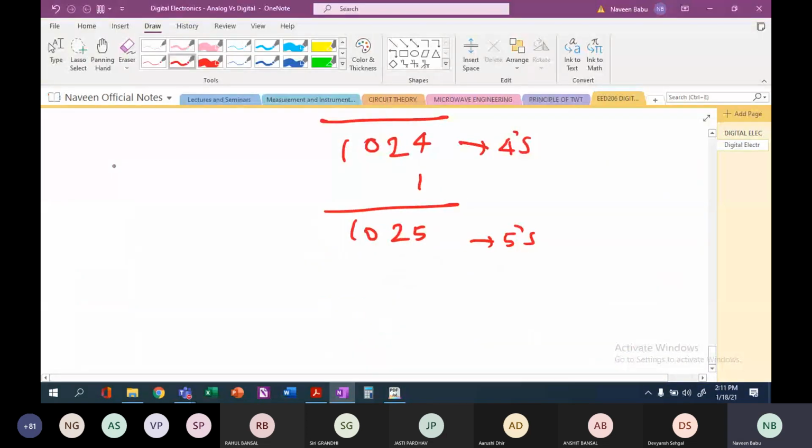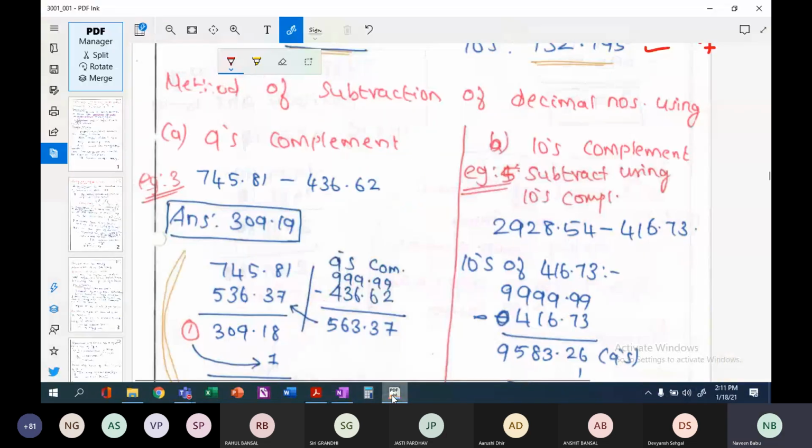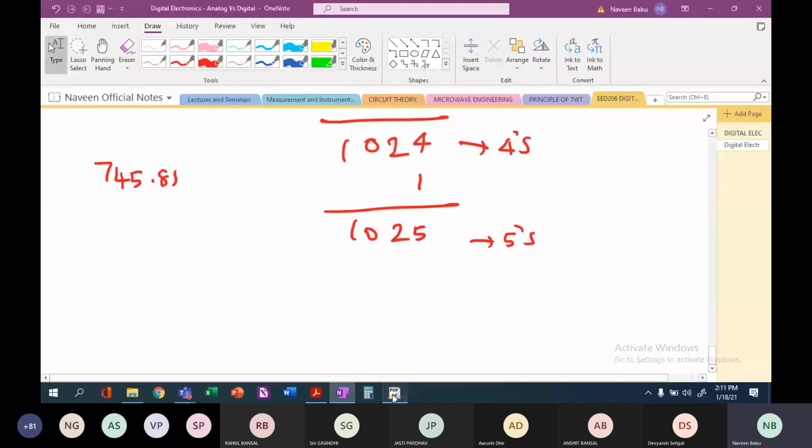So all I'm going to do is 745.81 minus 436.62. Okay. Now first let us subtract and keep the answer so that I can verify it later. So what is this subtraction? This answer is going to be 9.